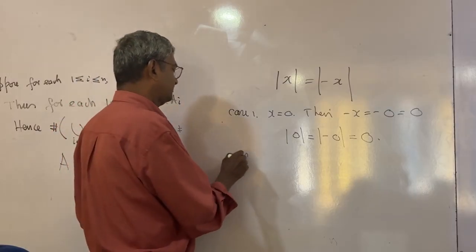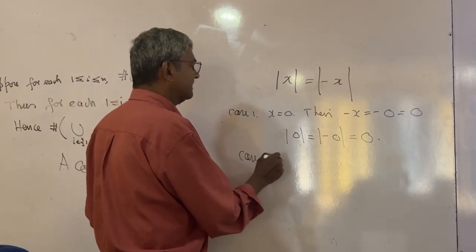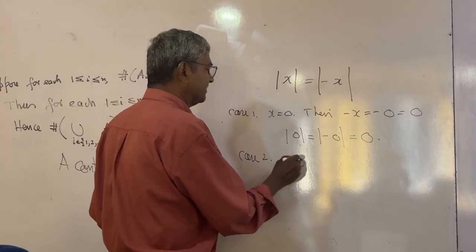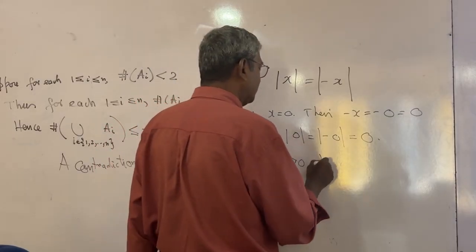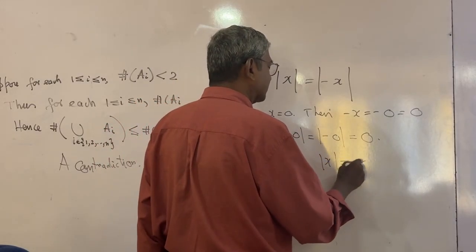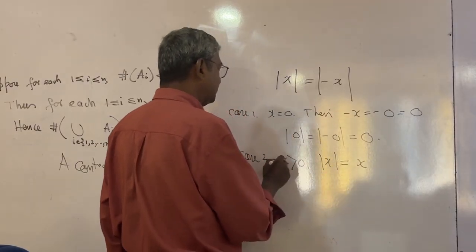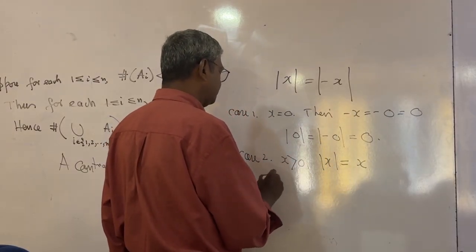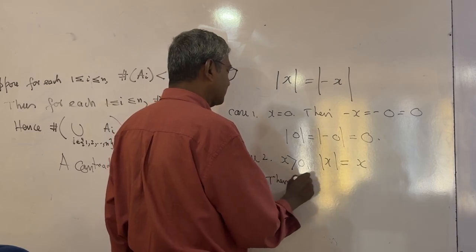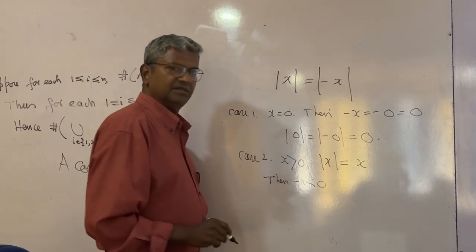Case 2: let's take x greater than 0. Then the absolute value of x is x. And if x is greater than 0, then negative x is less than 0.